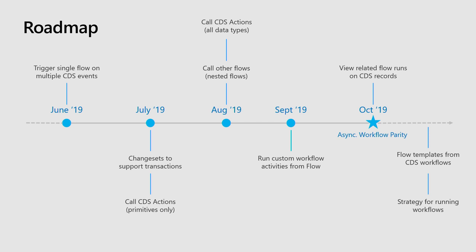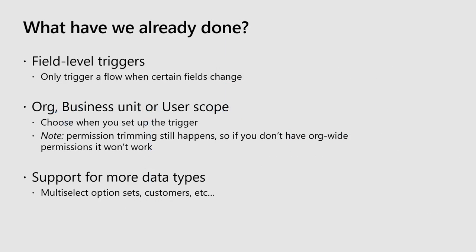And then, of course, there are some things we're working on post-October, which we will talk about a little later in the presentation. But really, hopefully you can use this to understand you can take a bet now on the Common Data Service workflows inside of Flow. So what are some of the things we've already done that are available today?